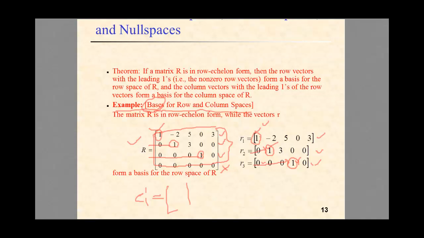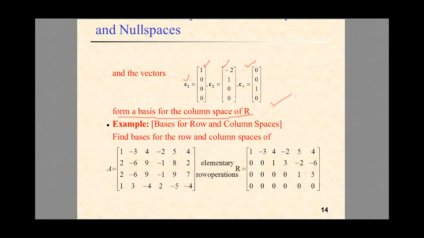So we have a leading one in column 1, in column 2, and in column 4. That's why we say that C1, C2, C4 form the basis for the column space. That's the procedure to write the basis.